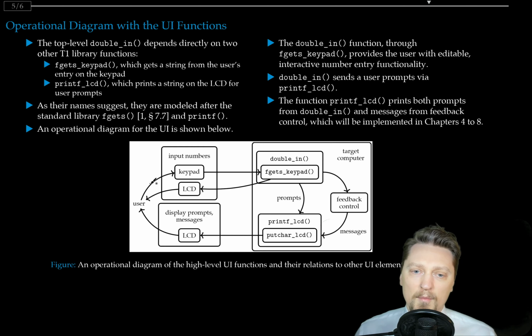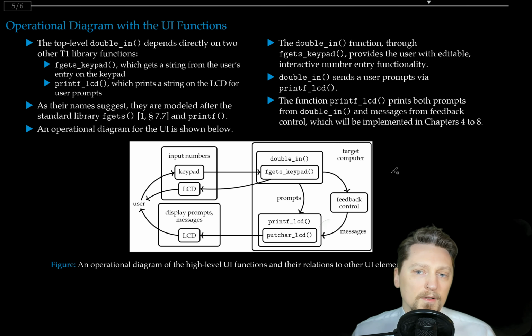The numbers that the user types in through the keypad come into fgets keypad, which is housed inside of double in, and fgets keypad is going to print to the LCD for the user to view. This is the functional design operational diagram.